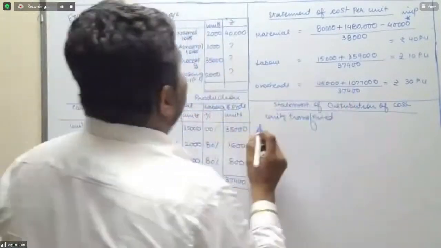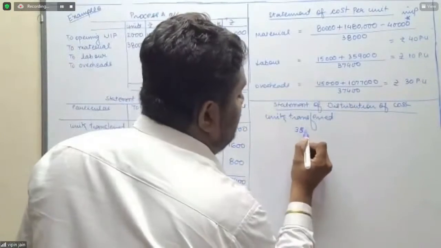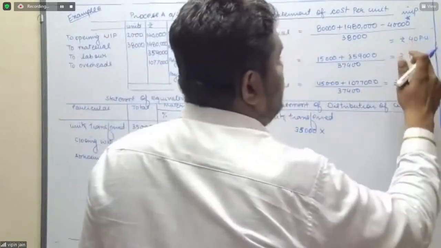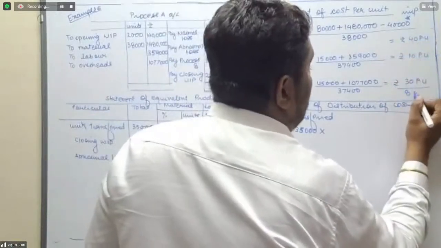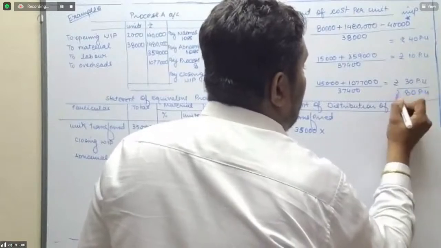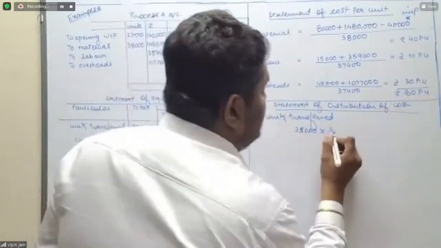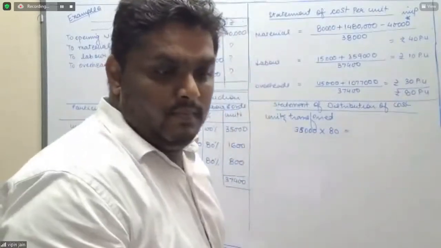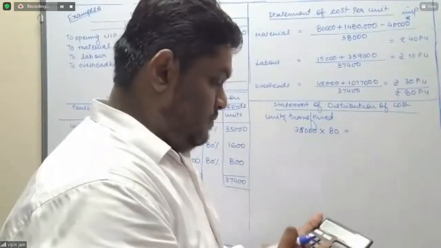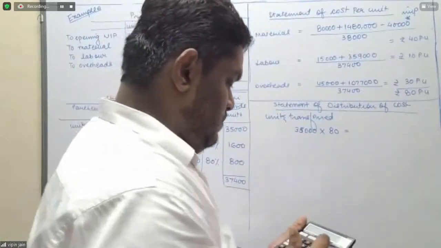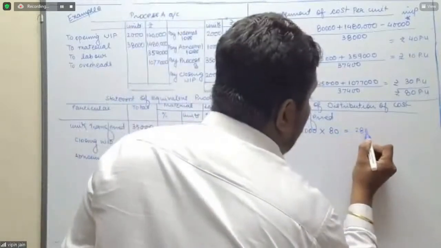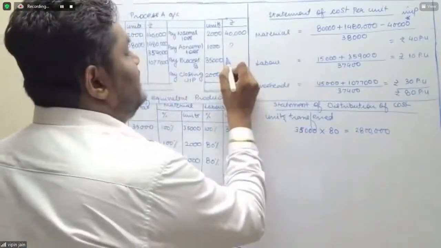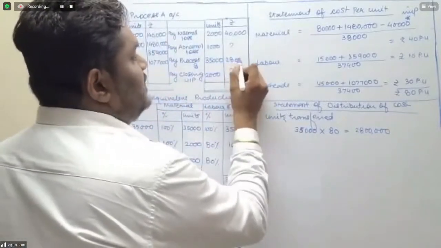Total number of units transferred are 35,000. So 35,000 into the total cost, that is 80, since it is 100% complete. So 35,000 into 80, that is 28 lakh.